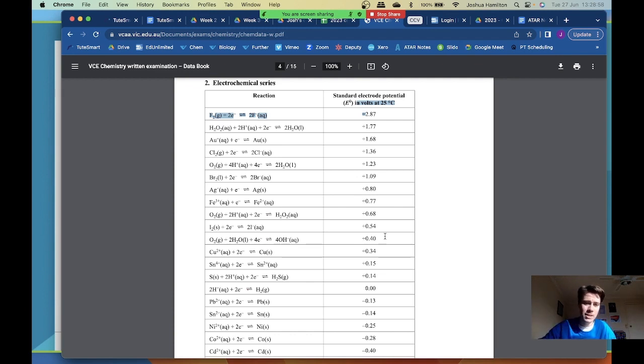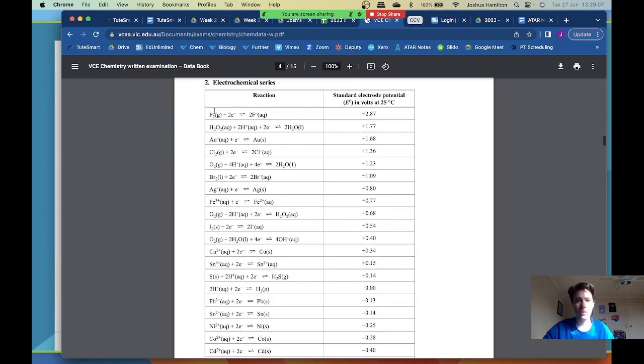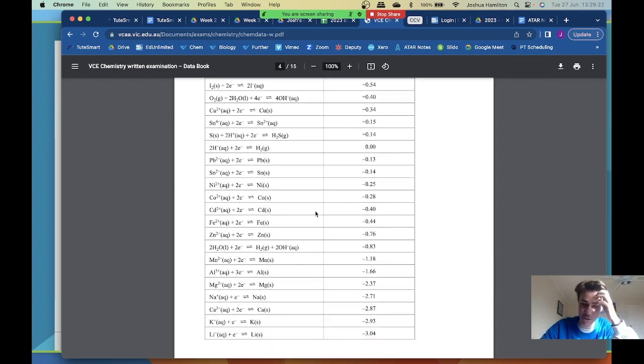For now, these are not super relevant to you because they're the next step on. So we're not going to worry about the numbers. What we're going to worry about is all of these half equations. As you can see here, these are all half equations. All of these half equations are in the form of gaining electrons, so they're all reduction. These are all produced as reduction equations.